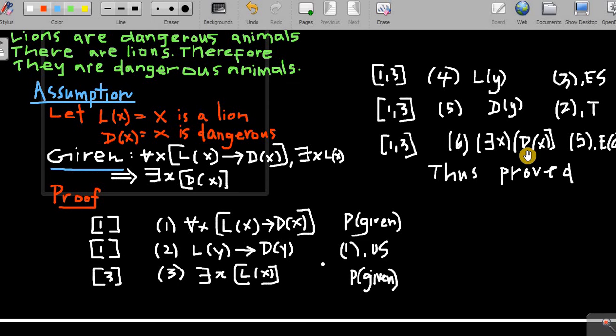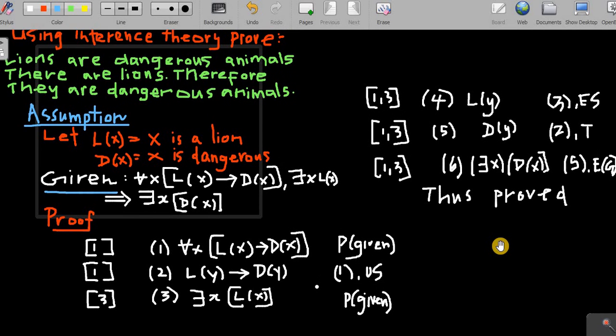So, if D is true for y, then there is some x which satisfies D of x. Okay? So in logical notation, we can write there exists x, D of x. I mean, there exist x for which those are dangerous animals. So from step number 5, we are using the existential generalization rule to get step number 6.